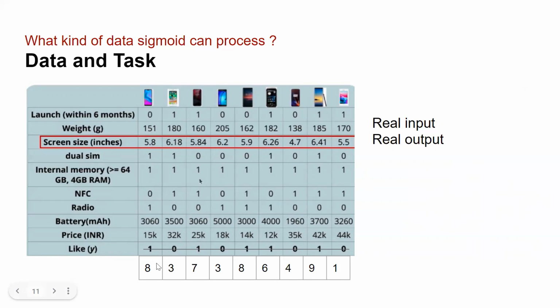But now instead of like or dislike, we have your rating. So we can now predict, if I give you a phone with this specification, how much you would rate it based on your previous rating data. So we are no more restricted to binary output. We can predict numerical output also.